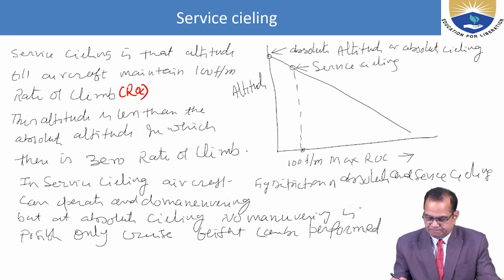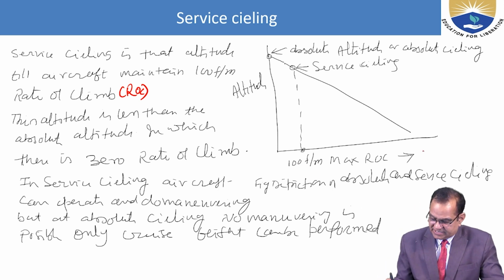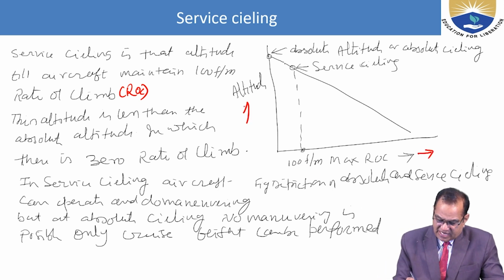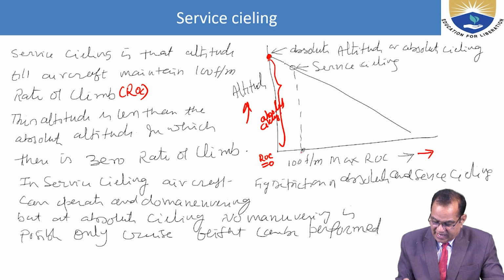So if you see here, this is the rate of climb and this is the altitude. So at this point where the rate of climb is equal to zero, this is called the absolute ceiling. And at the point where rate of climb is 100 feet per minute, if you extend this thing, this height is called service ceiling.